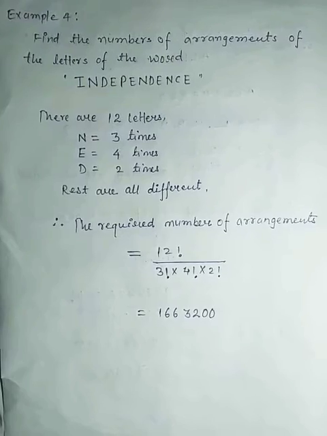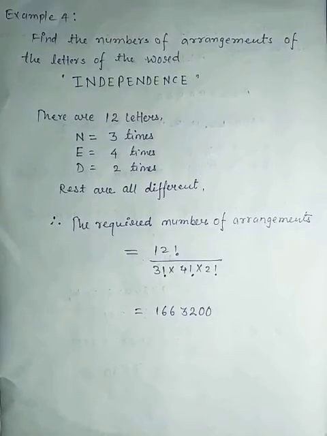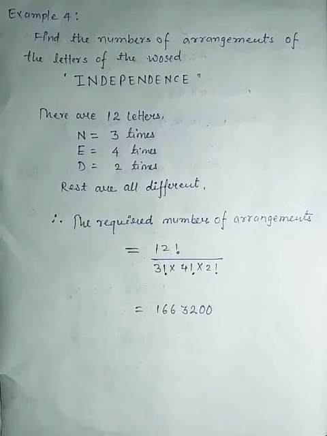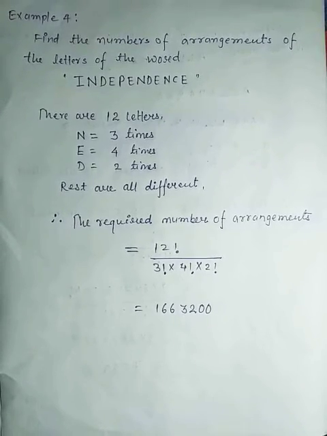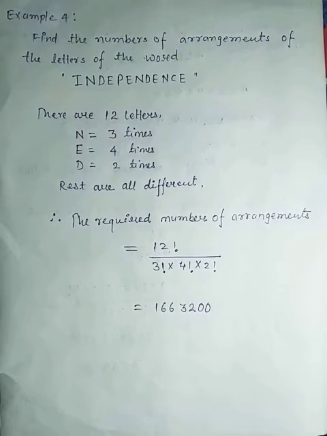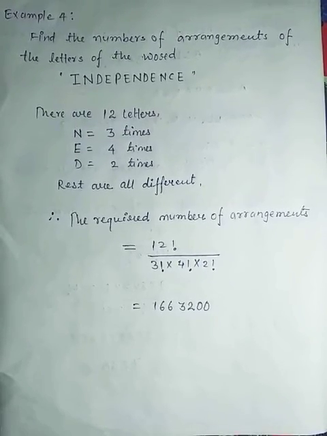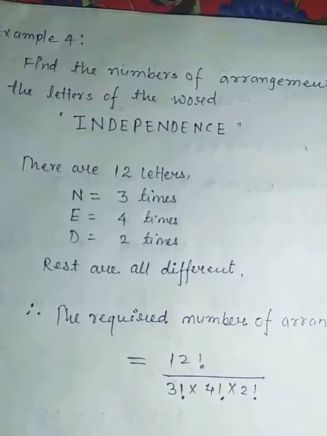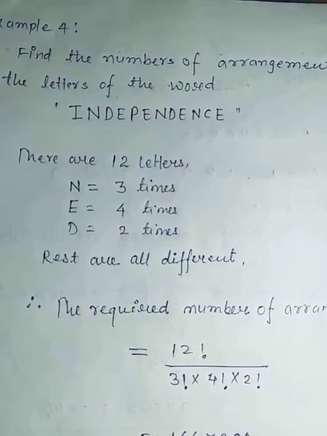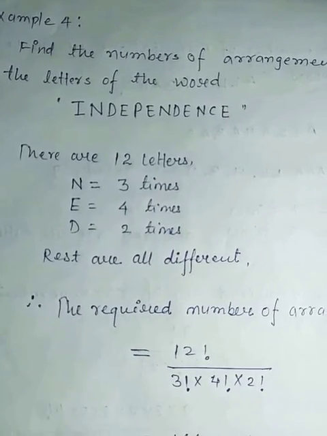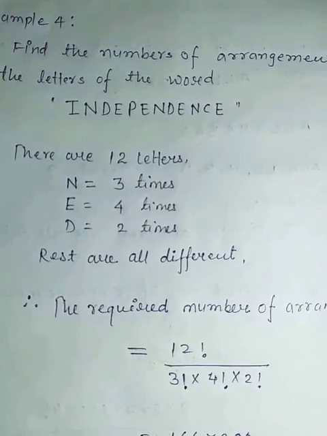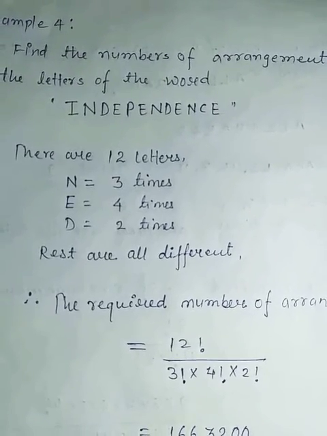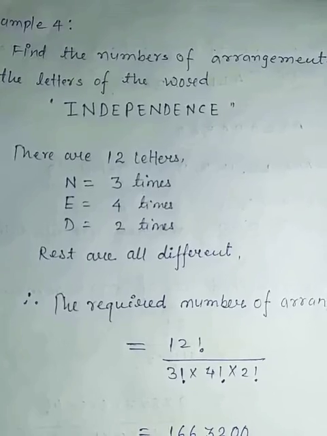Example 4. Find the number of arrangements of the letters of the word INDEPENDENCE. In the given letters, there are 12 letters, and N appears 3 times, E appears 4 times, and D appears 2 times, and rest are all distinct.